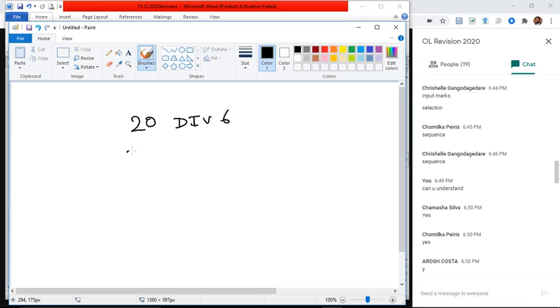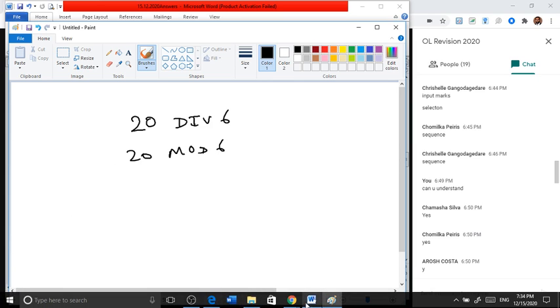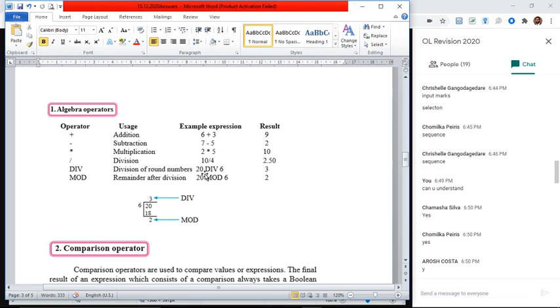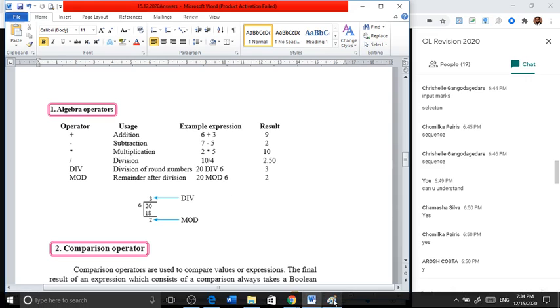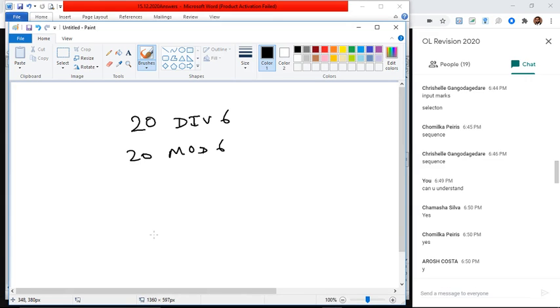20 div 6, 20 mod 6. These are the arithmetic operations that they have given. So what is this? I'll show you. You are dividing 20 by 6.